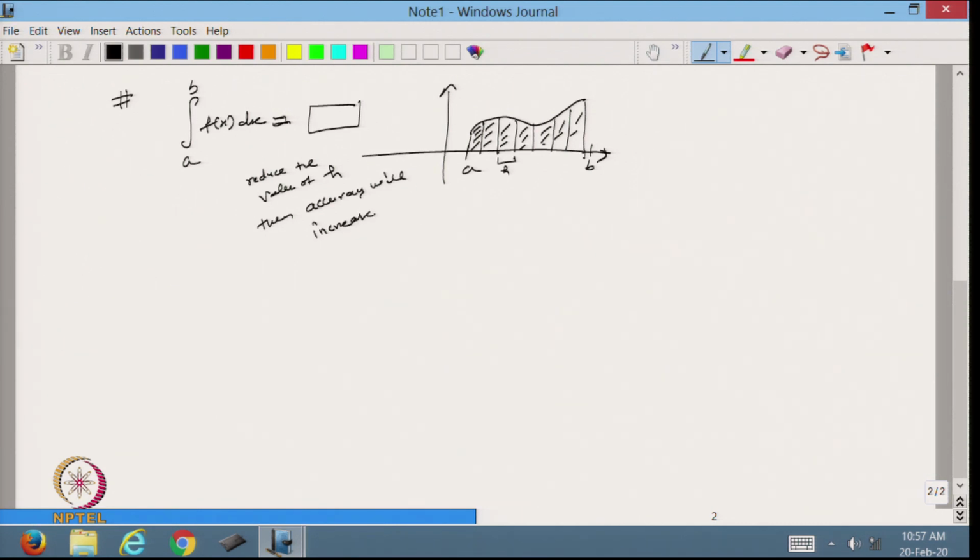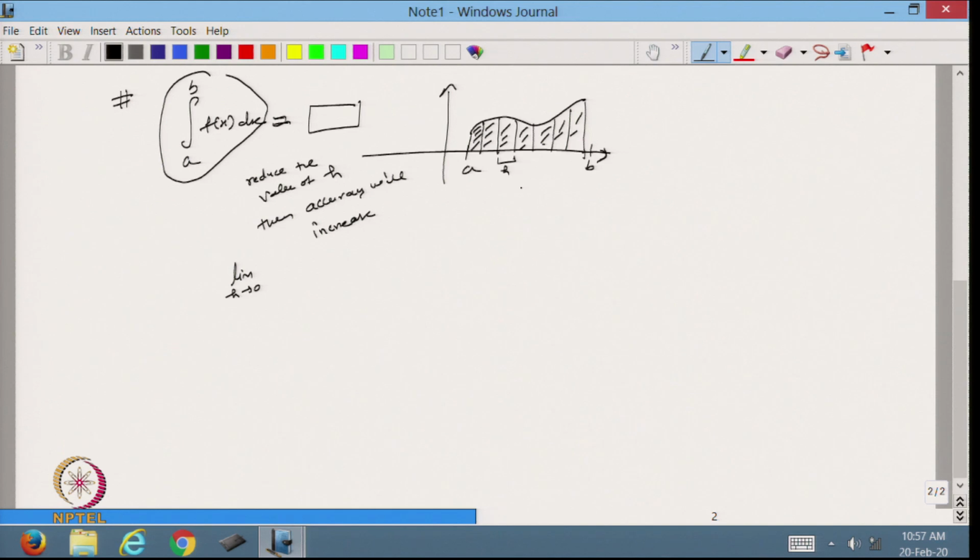So, the accuracy will increase, but whatever value I am taking for h, the value we are calculating using the computer gives you the approximate value only. We know that only if I put the limit h tends to 0, these subintervals are going to be infinite in number, and only then will this be an exact value.